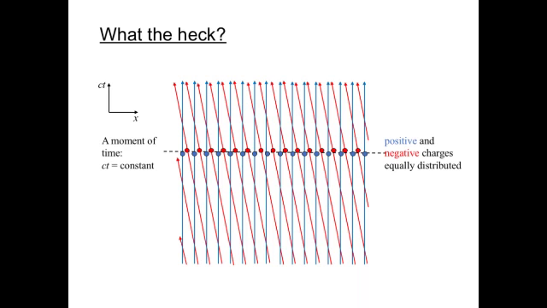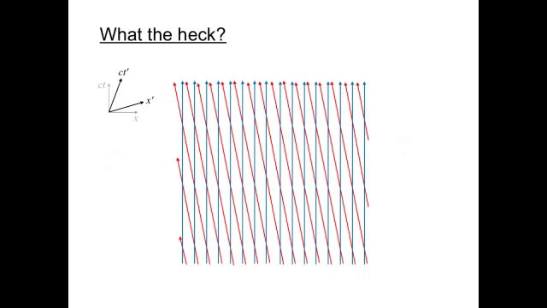So in the rest frame of the wire, of the nuclei, the positive and negative charges are equally distributed. There's no net charge on the wire. But in a different frame of reference, my axes will point in different directions. And as we've seen, it's a little bit surprising.